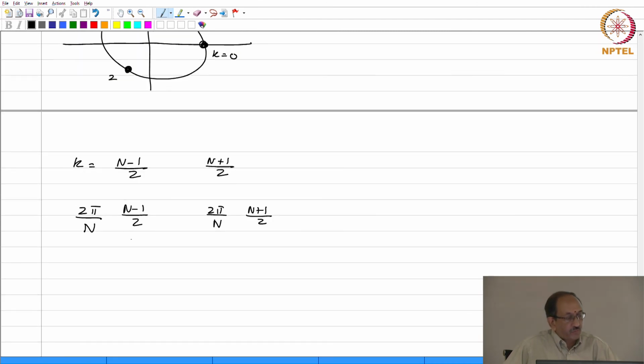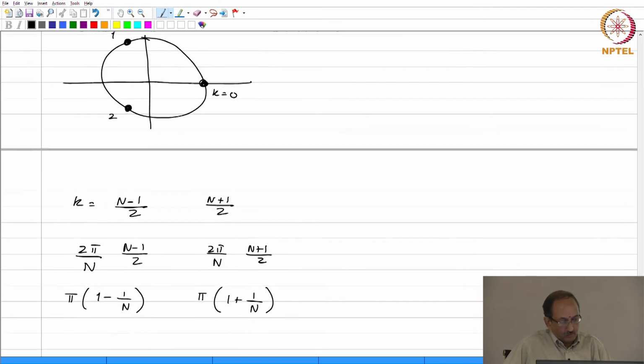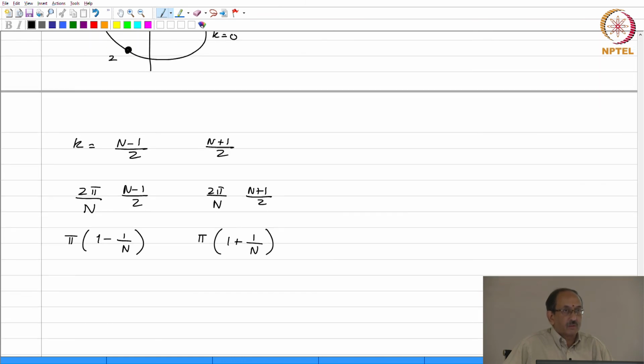So, the actual frequencies are pi times 1 minus 1 by N and pi times 1 plus 1 by N. So, these are the 2 sinusoids whose frequencies are closest to pi. You do not actually hit the pi frequency because N is odd.